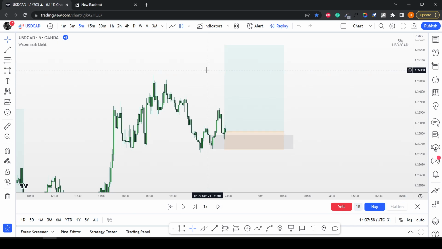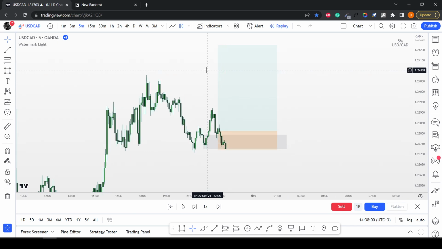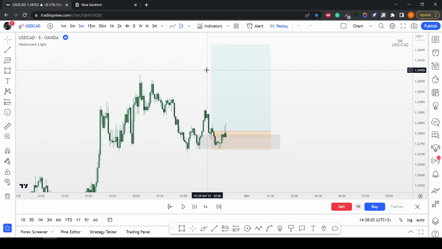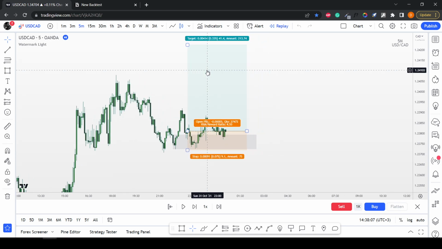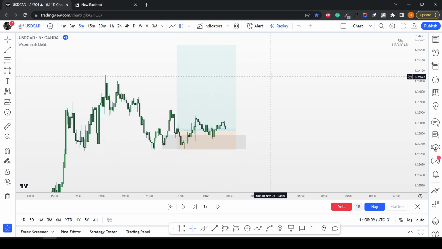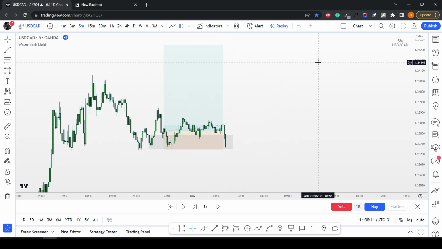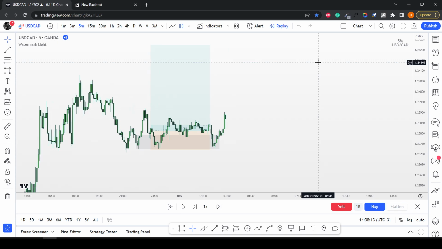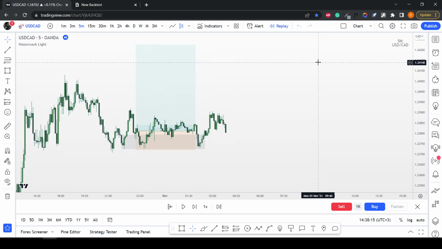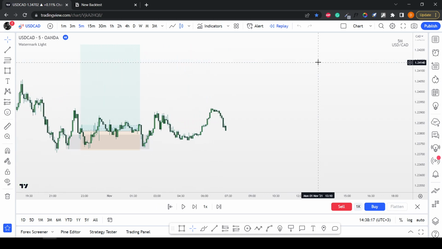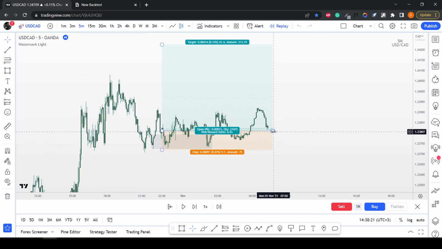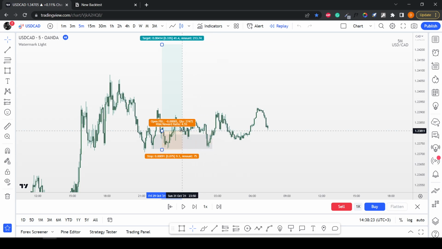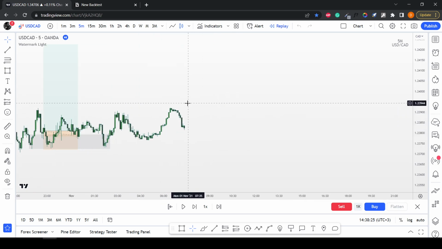So we have a tap. Still holding. But yeah, basically it's not good. The price should go from the zone. I mean, I don't know, I'm just closing it at break even. So this is a break even trade for sure.